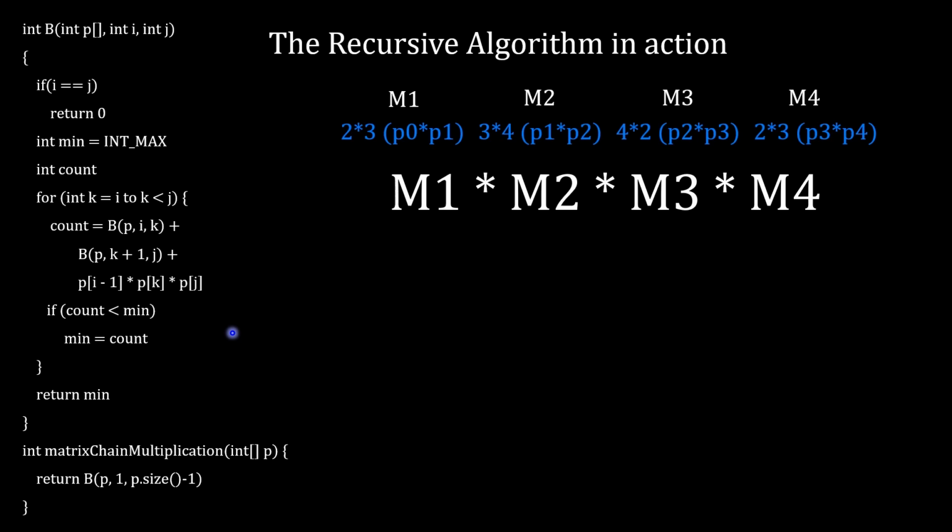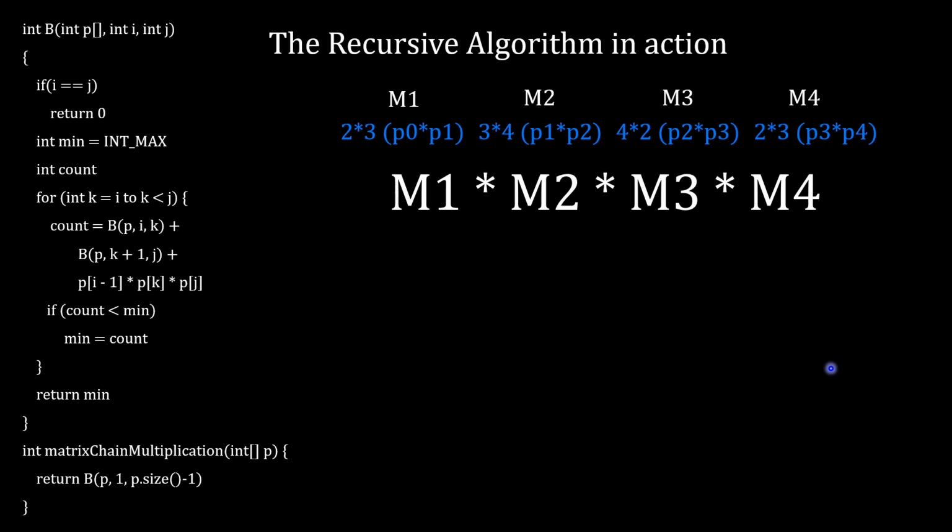So let's have a look at an example. So we have here 4 matrices, and these are their different dimensions, and each dimension is then going to be in a specific place within the P array, and then we're going to be multiplying these different matrices together. Now we're going to have a lot of different arrangements for how we're going to be multiplying them.